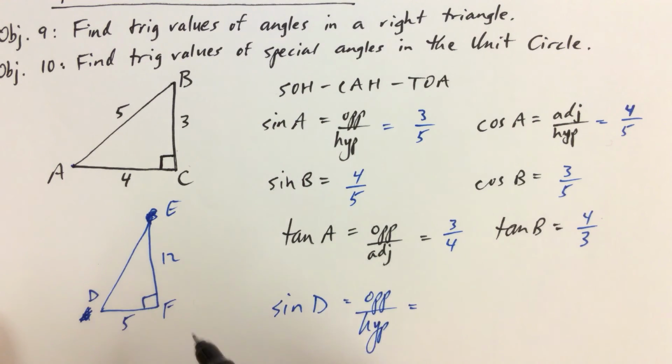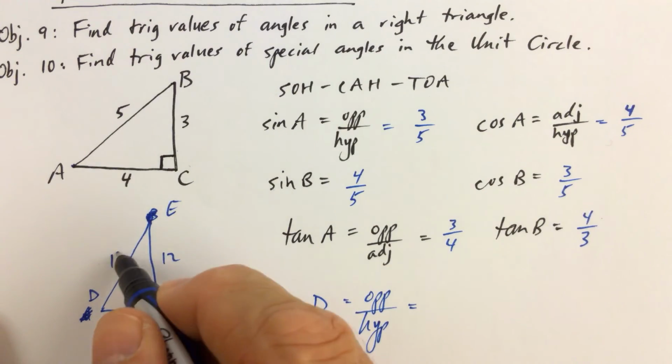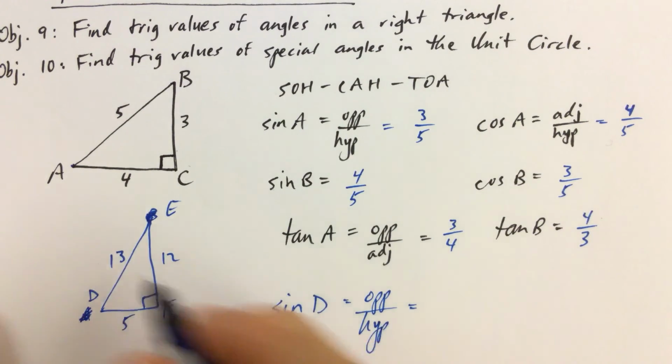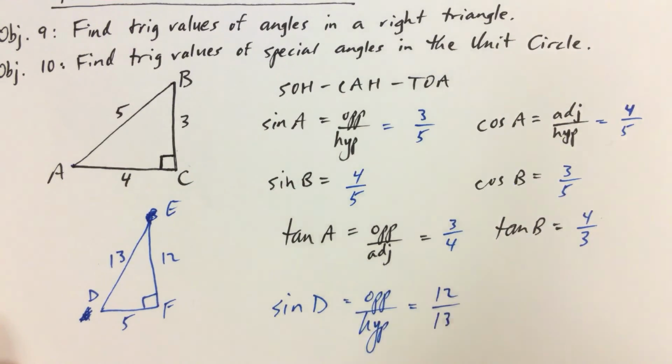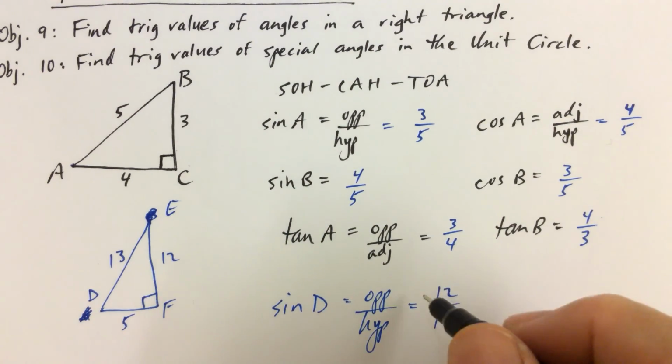If you know the Pythagorean triple 5, 12, 13, then you would know, oh, that's a 13. So the opposite leg is 12. The hypotenuse is 13.